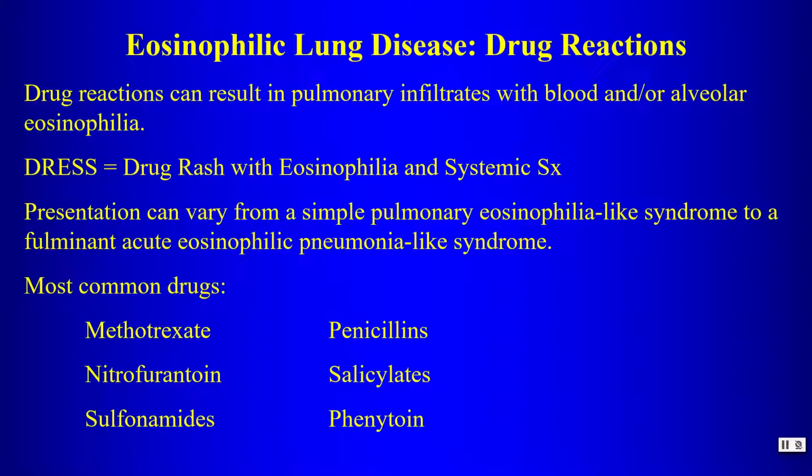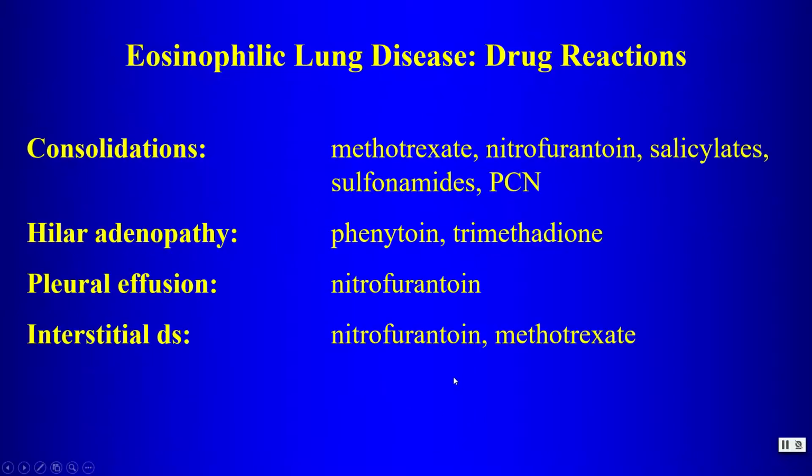Drug reactions can also be associated with eosinophilic lung disease. So DRESS is the abbreviation for drug rash with eosinophilia and systemic symptoms. The presentations can vary from simple eosinophilia to severe acute eosinophilic pneumonia-like syndrome. The most common drugs, again, I've listed them here, that might be associated with eosinophilic lung disease.